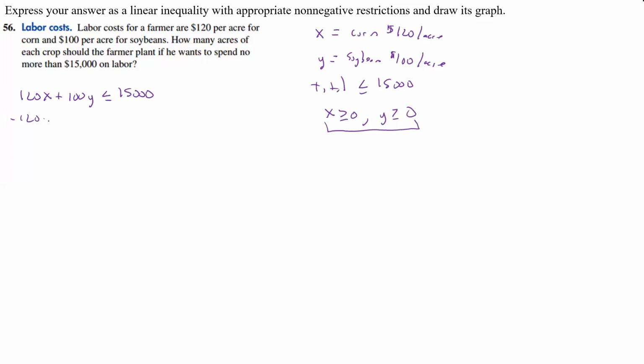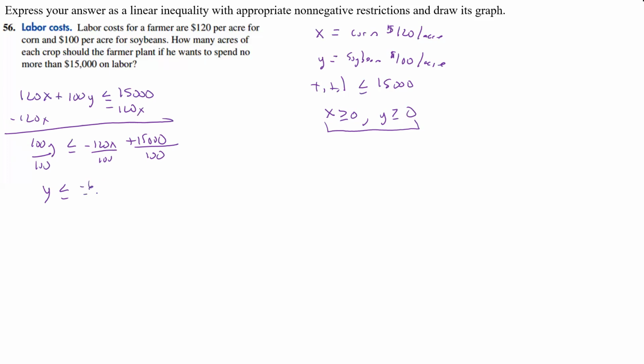So we'll subtract 120x, and we get 100y is less than or equal to negative 120x plus 15,000. Divide by 100. And so y has to be less than or equal to, well, we could put it into fractions or we could put it as a decimal.